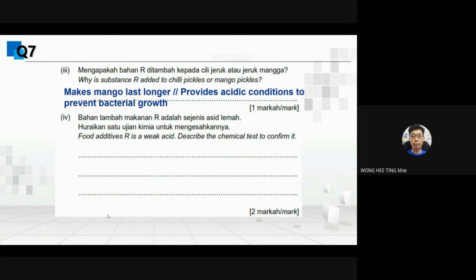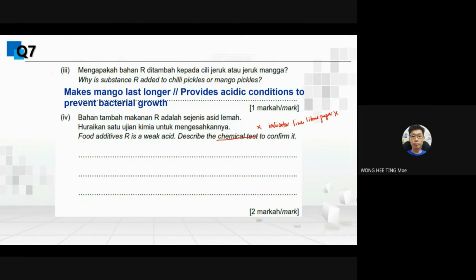Now, R is a weak acid. Describe the chemical test to confirm it. Chemical test. Don't use indicator like litmus paper. Okay. No, don't use indicator.